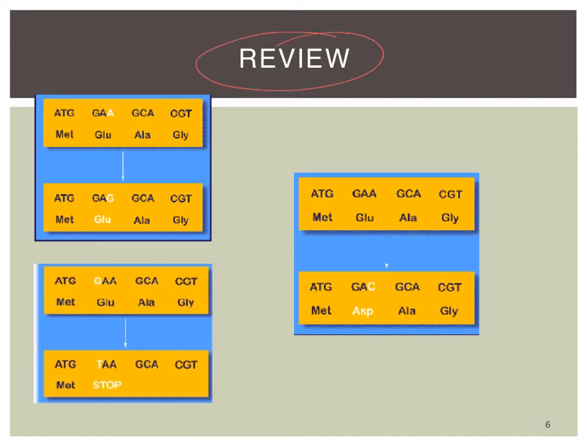So let's review these point mutations. All three of these are point mutations. Remember, a point mutation is the substitution of one base on DNA for a different base, and it can cause these different types of point mutations.